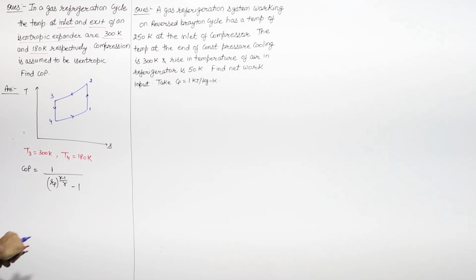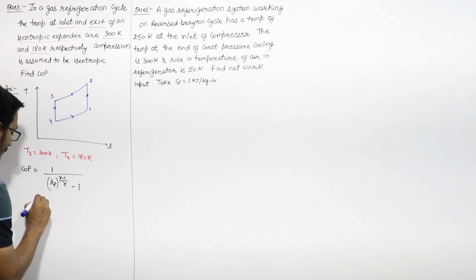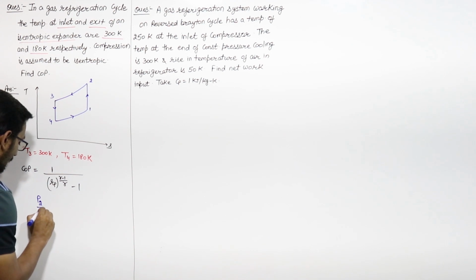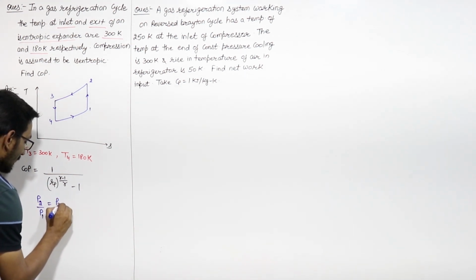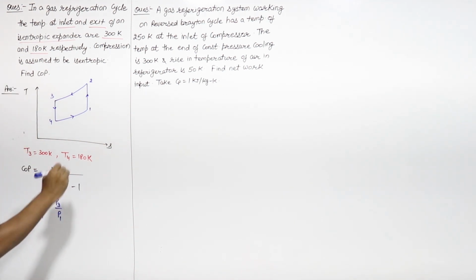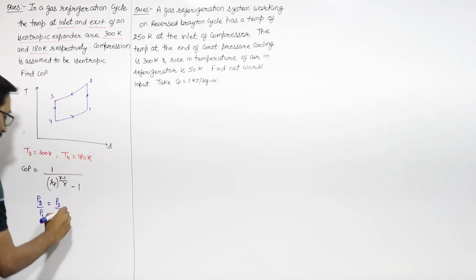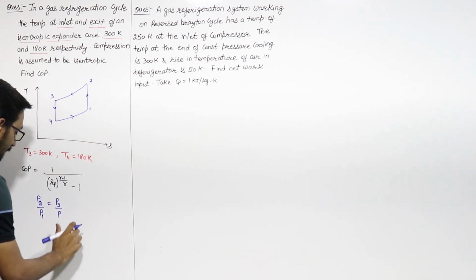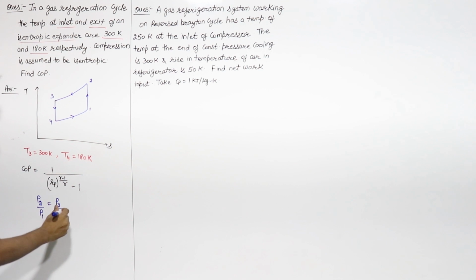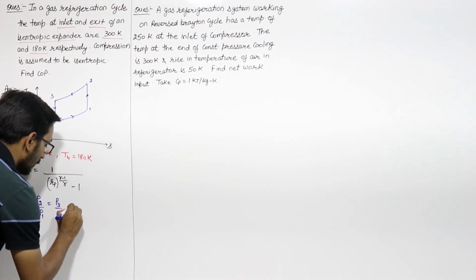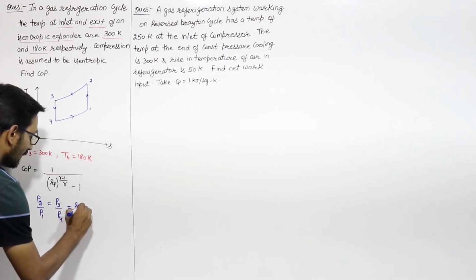What is this Rp? Rp is P2 by P1, or you can write it as P3 by P4, one and the same thing, because this is a constant pressure process.